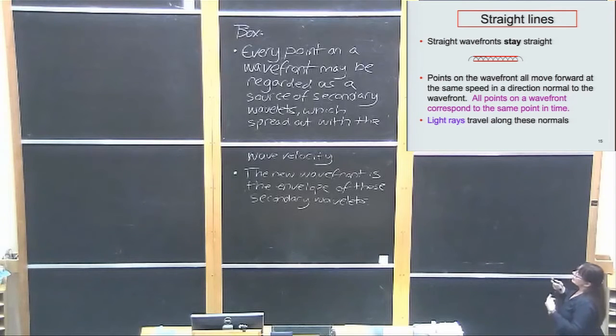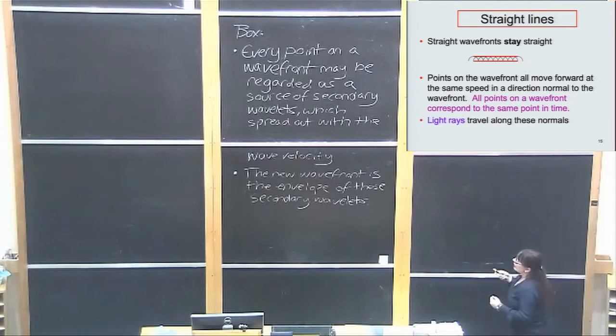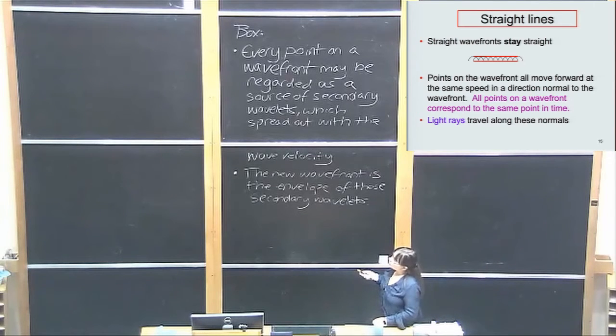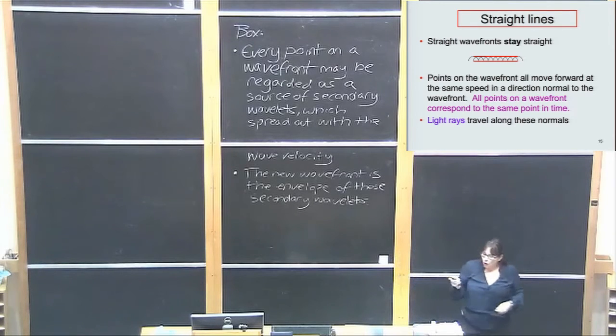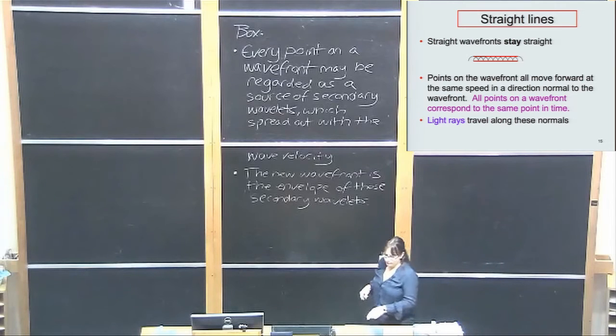The other thing he said, and this really is the right way to look at things, is that points on the wavefront all move forward at the same speed in a direction normal to the wavefront. What that means as well is that all points on a wavefront correspond to the same point in time. Any point along either of these red lines shown here just represents where the wave has got to at a particular point in time.